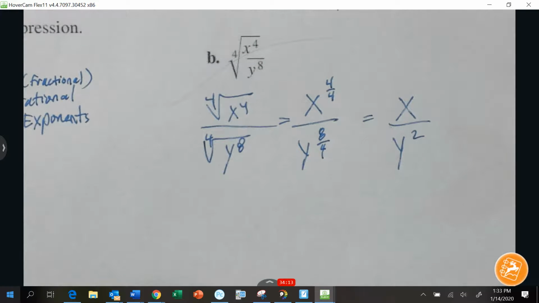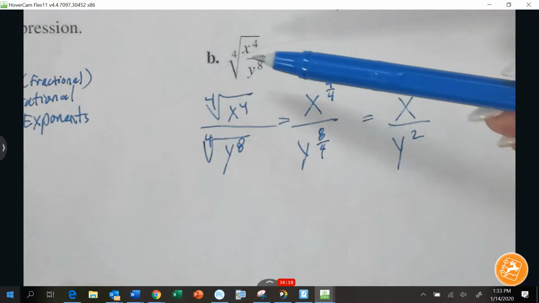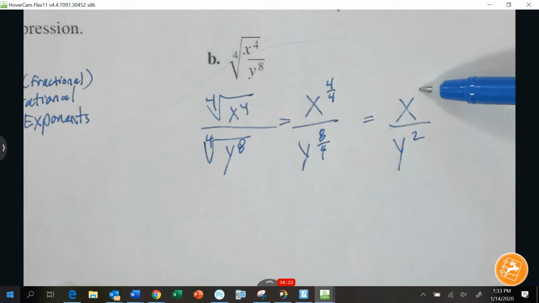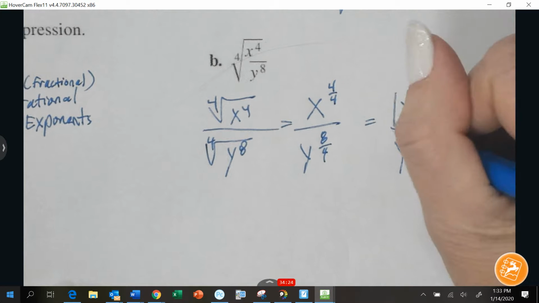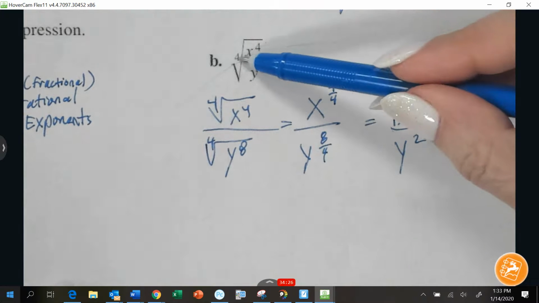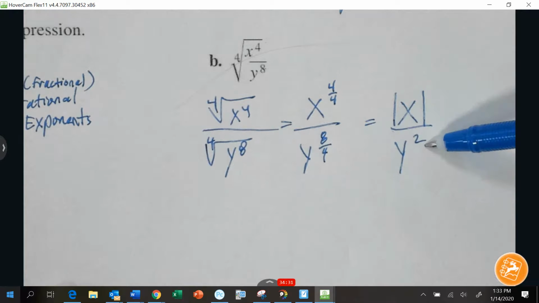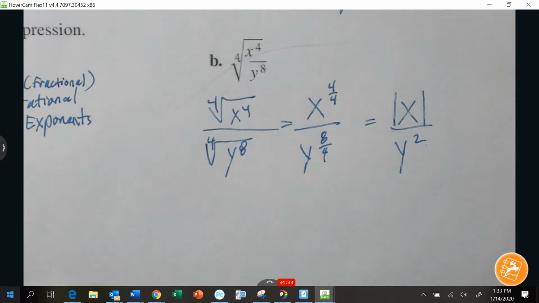So now we check even, odd, where we have to look at each variable. So with the x's, even, odd, absolute value. The y's, even, odd. So yes, it's just for x.